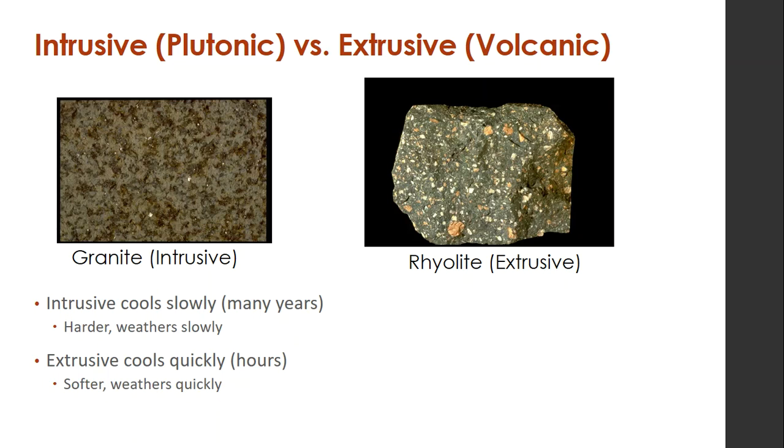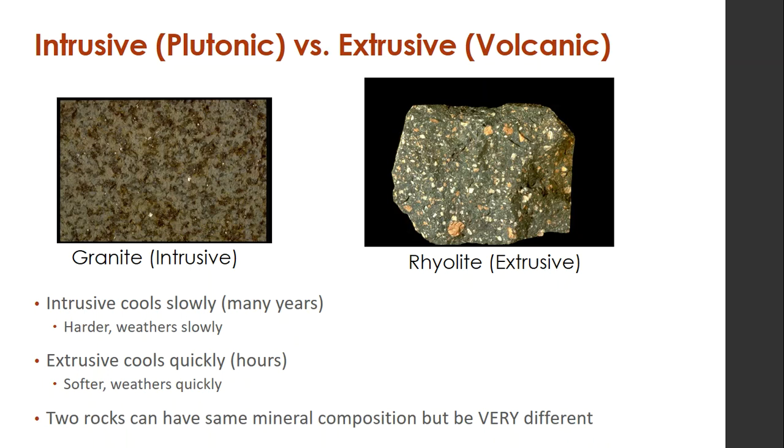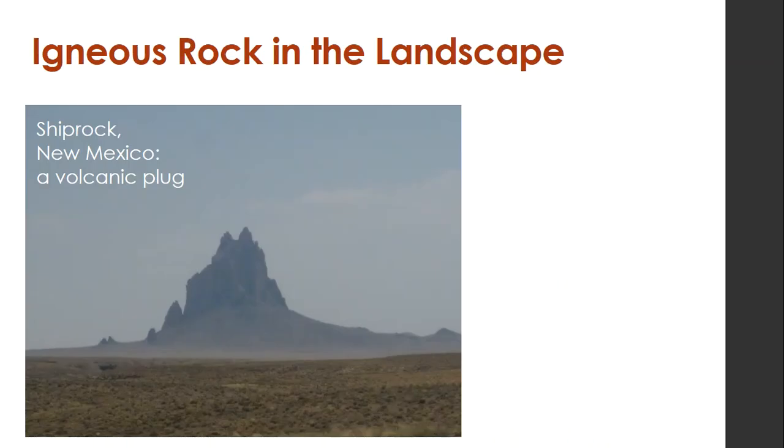One is intrusive, one is extrusive. They are made up of the same materials, but because of that cooling process, granite is very hard, which is why we like using it for things like countertops. Rhyolite is an extrusive rock, and it is much easier to break apart. So 2 rocks can have the same mineral composition, but be very different. And so this affects, again, weathering.